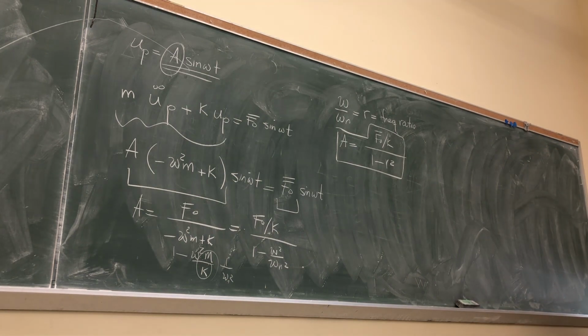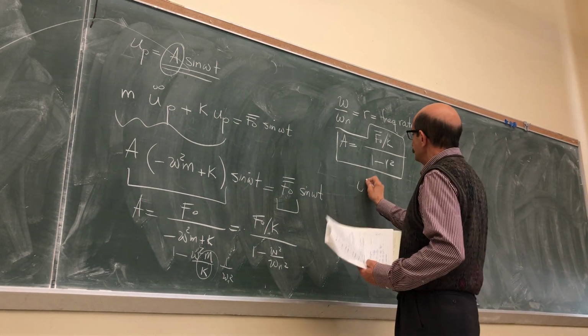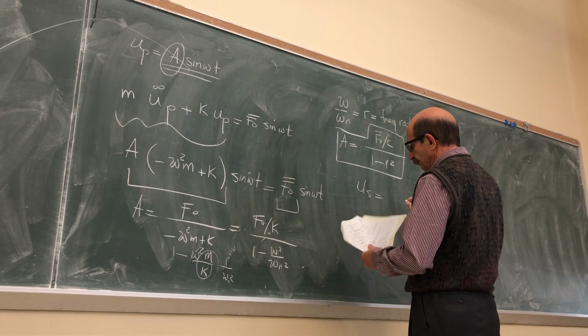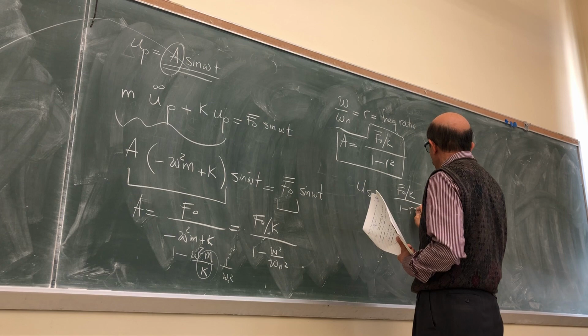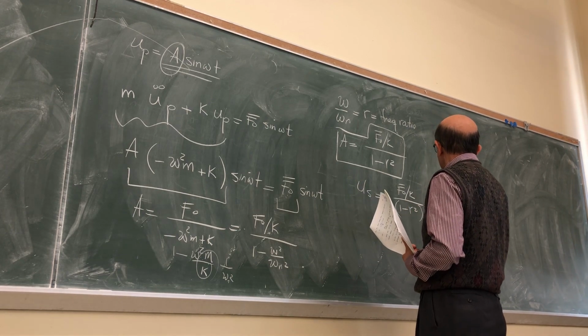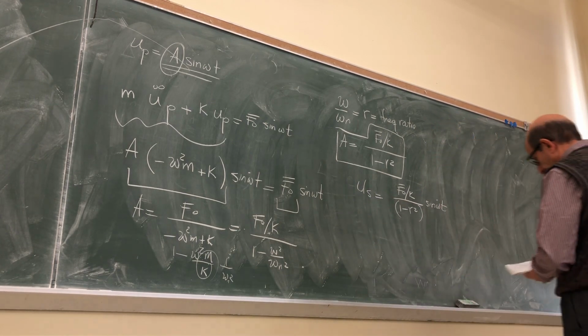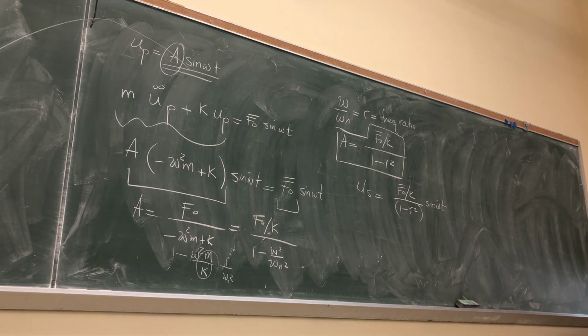So with that said, the steady state solution becomes f0 over k over 1 minus r squared, sine omega t. We've done our job as far as solving this equation mathematically, so from the differential equation point of view, we are done.